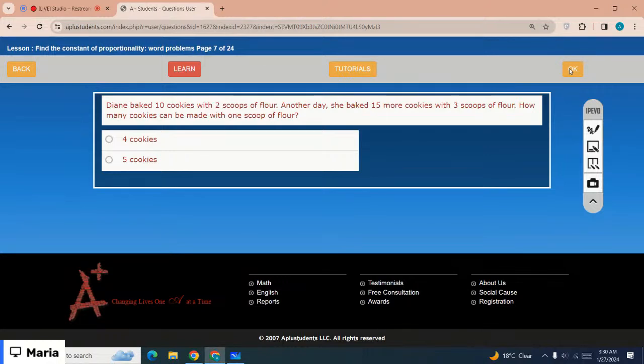The correct option is 5 cookies, right? The correct option is 5 cookies.